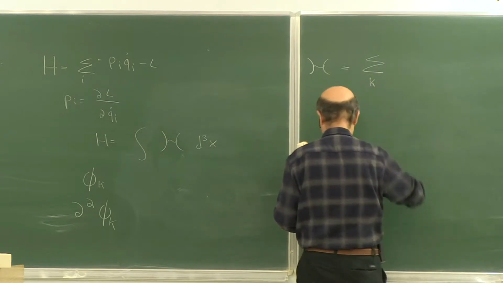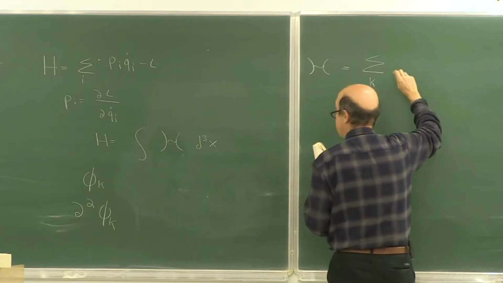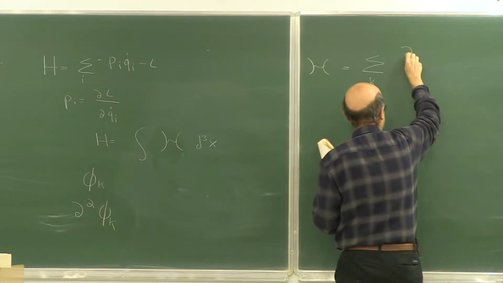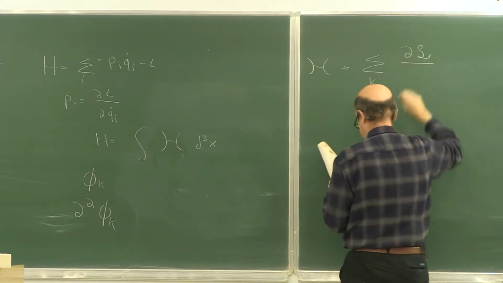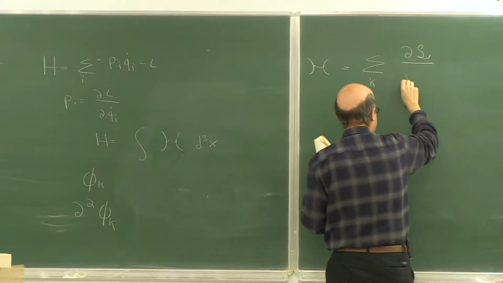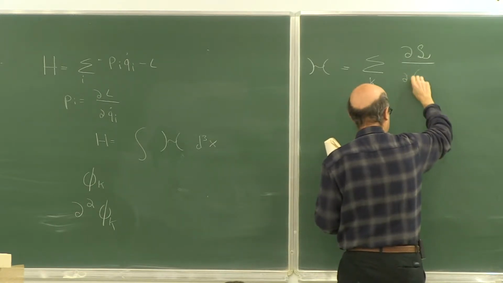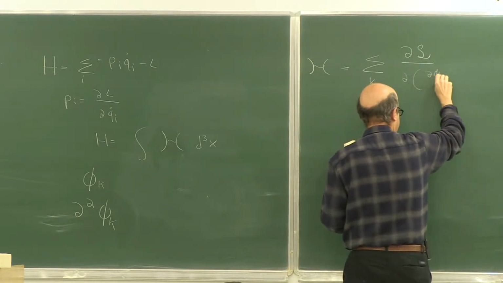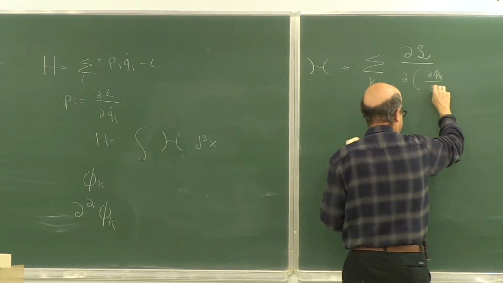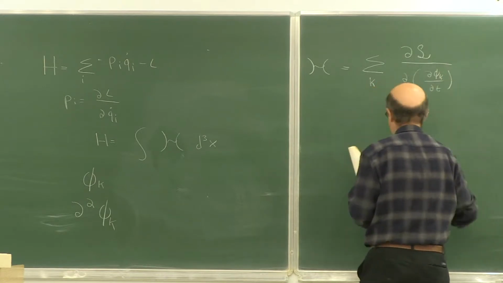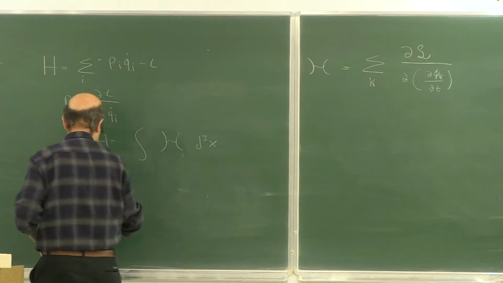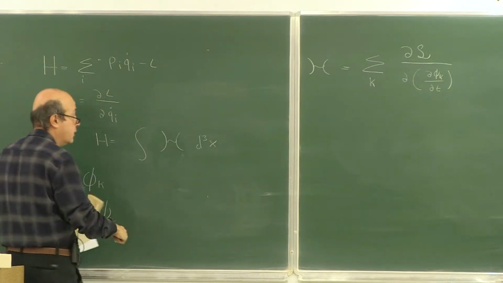And instead of the Lagrangian, we have the Lagrangian density. So derivatives with respect to the derivative of the field with respect to the time. Later we will generalize this to the different coordinates.